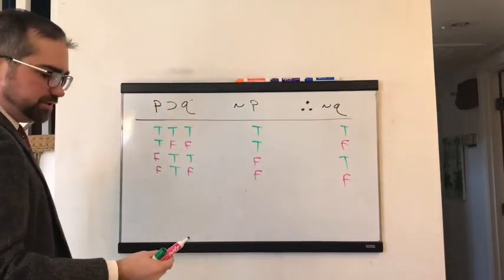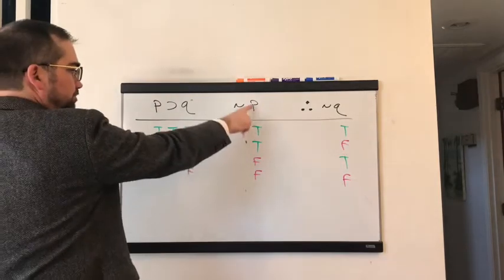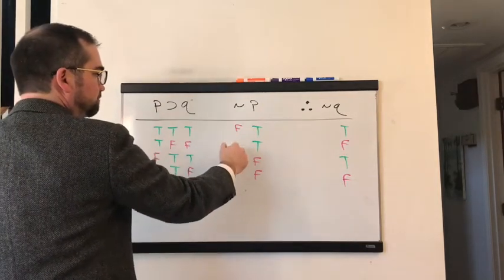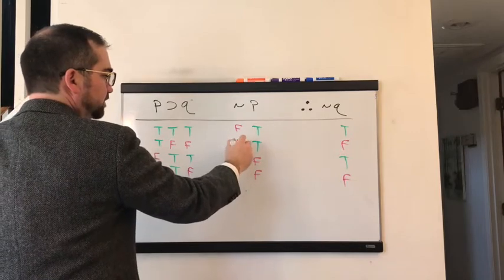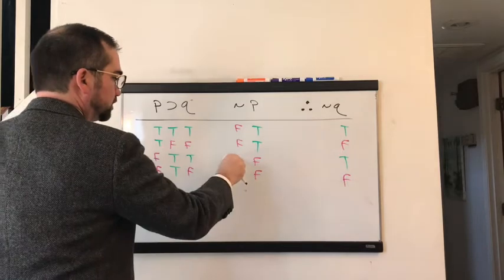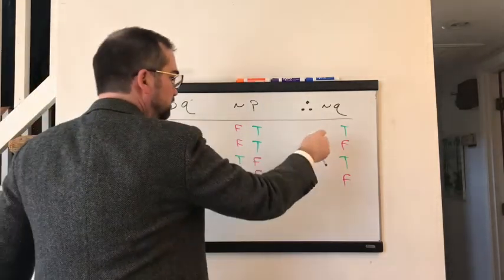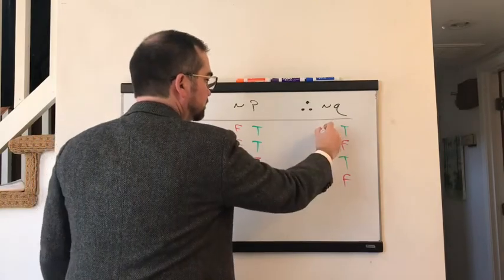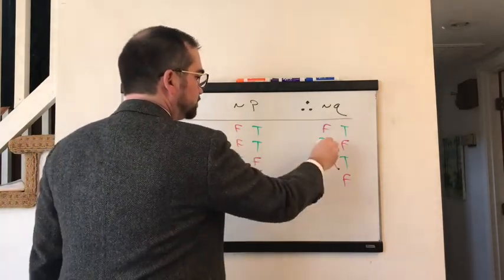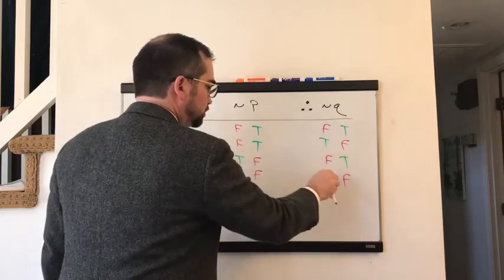So let's go ahead and do what we can do next, which is to work our negations. Negation is always the opposite of the argument, all right? So a true premise means the negation's false. It's false here, it must be true here. Same thing here. False, true, false, true.